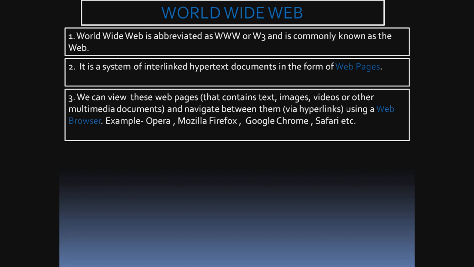So web pages contain a lot of things: text, images, video, multimedia documents, and therefore they are said to contain hypertext. And we can go from one web page to another through the hyperlinking feature. We can traverse between these web pages. And what software is required by us? We require a web browser. So students, I think till now we have understood the things.